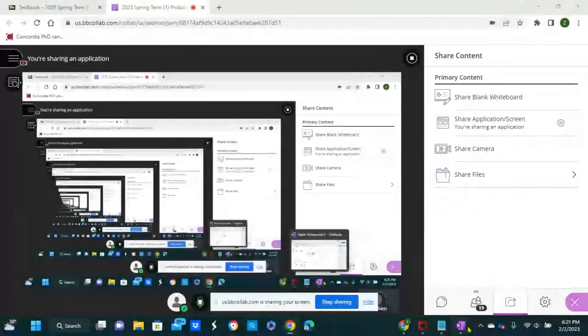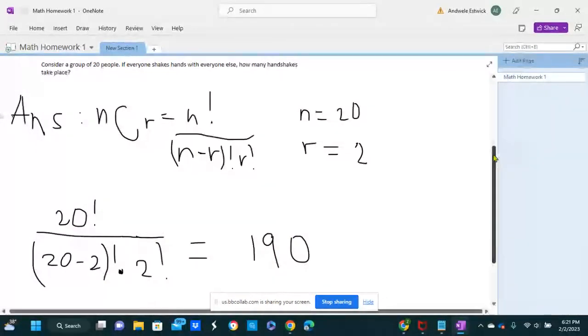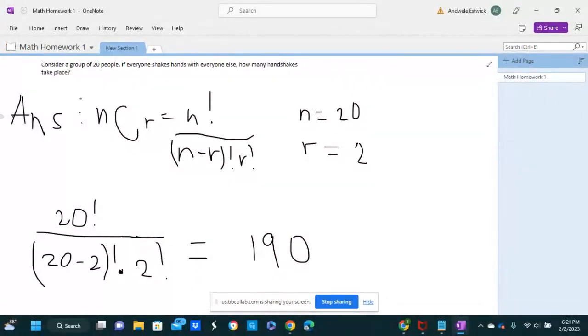I'm doing number 15. Let's consider a group of 20 people. If everyone shakes hands with everyone else, how many handshakes take place? The answer would be n choose r.